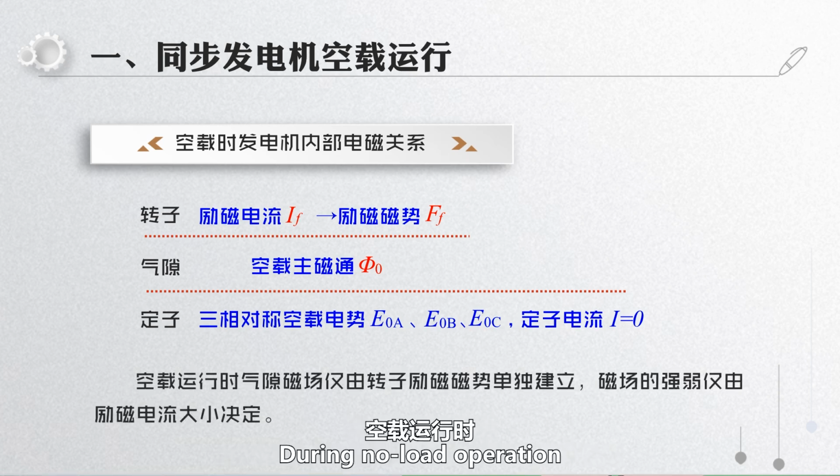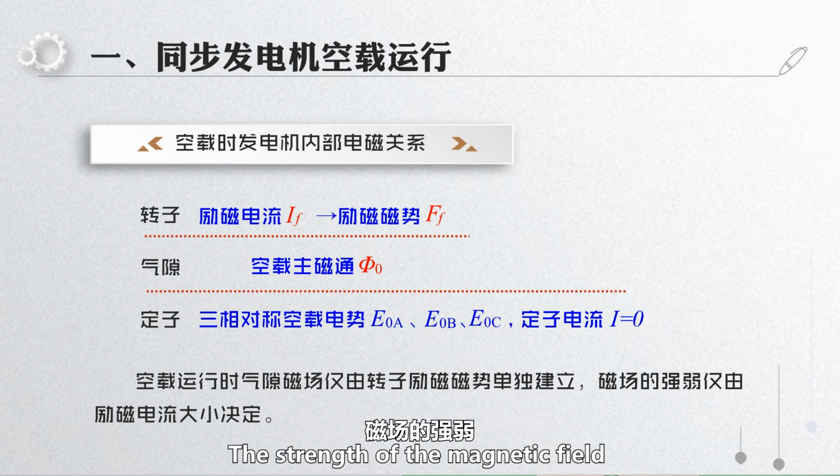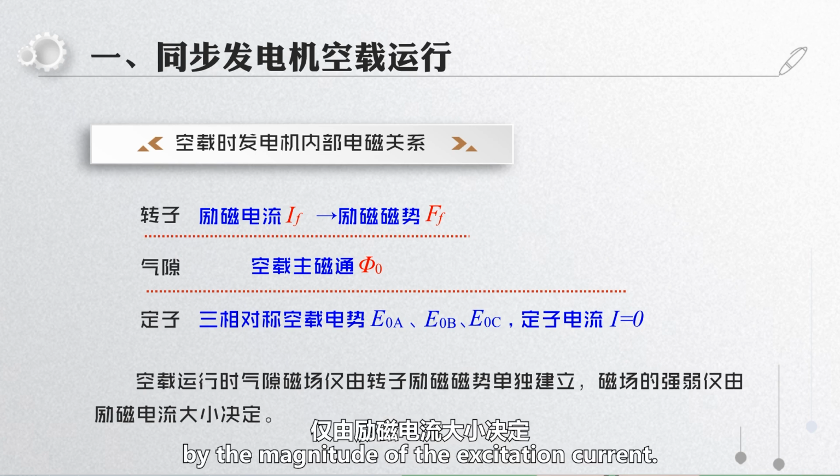During no-load operation, the air gap magnetic field is solely established by the rotor's excitation magnetomotive force. The strength of the magnetic field is determined solely by the magnitude of the excitation current.